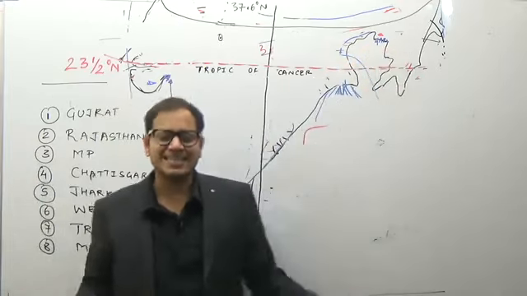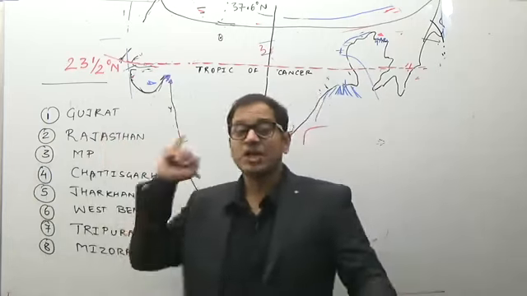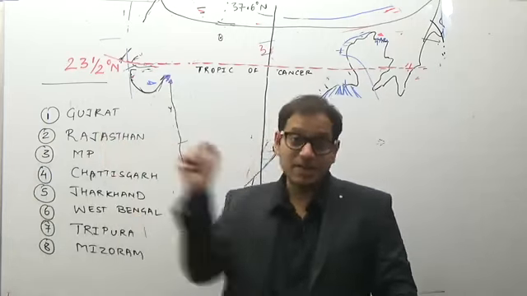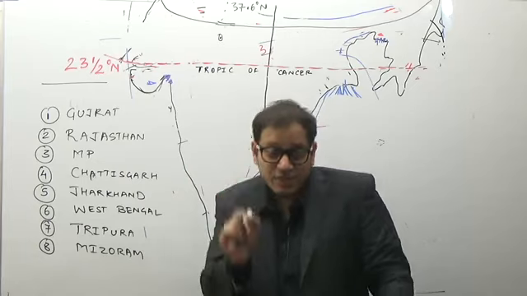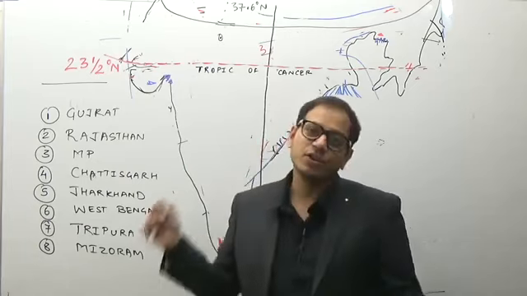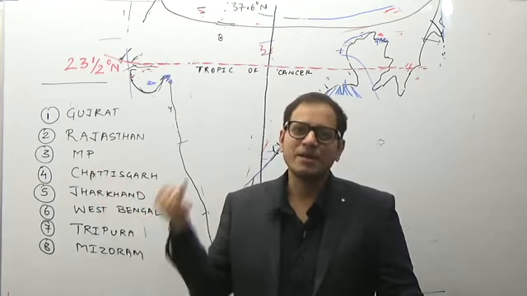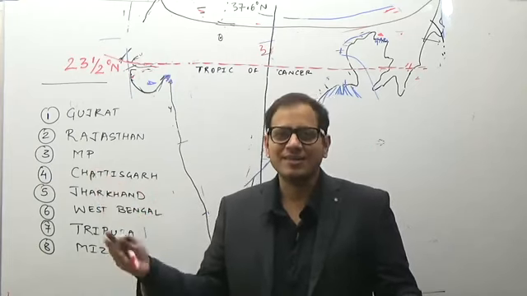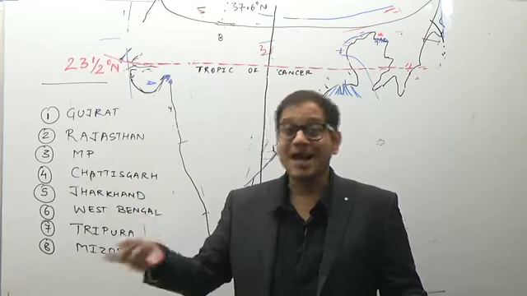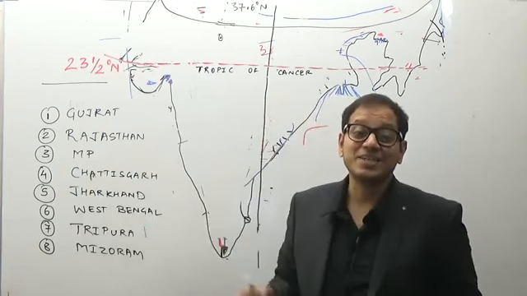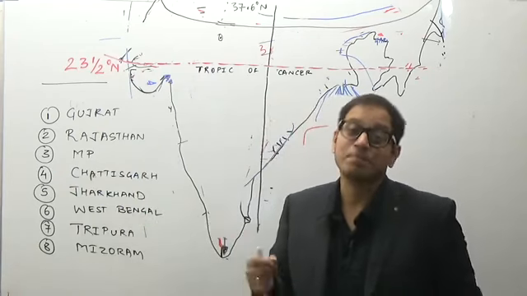So the 8 states, revise, learn with me again. Gujarat, Rajasthan. Remember, there is a small extension of Rajasthan in the south, and therefore the Tropic of Cancer passes through Rajasthan. उसके बाद it's very simple to remember. Madhya Pradesh, Chhattisgarh, Jharkhand, West Bengal, Tripura and Mizoram. So the 8 states through which the Tropic of Cancer passes.